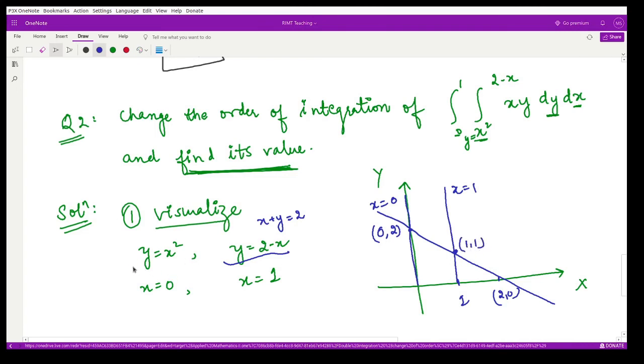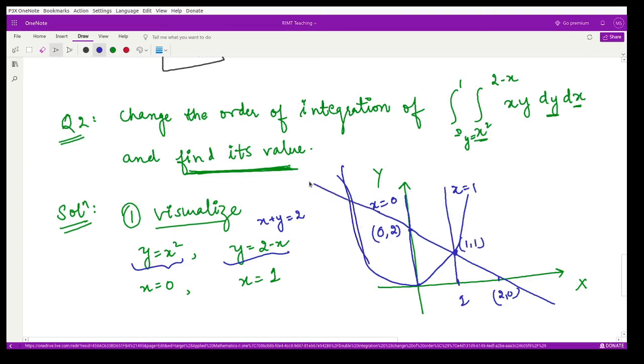Now the last curve is this one. While plotting this you have to see where this parabola meets this line or the line x is equal to 1. From here when x is equal to 1, your y is also equal to 1. So your parabola passes through this point, and here also whenever x is equal to 1, y is equal to 1. So your parabola passes through this point. Make sure to draw the correct figure when you visualize this region.